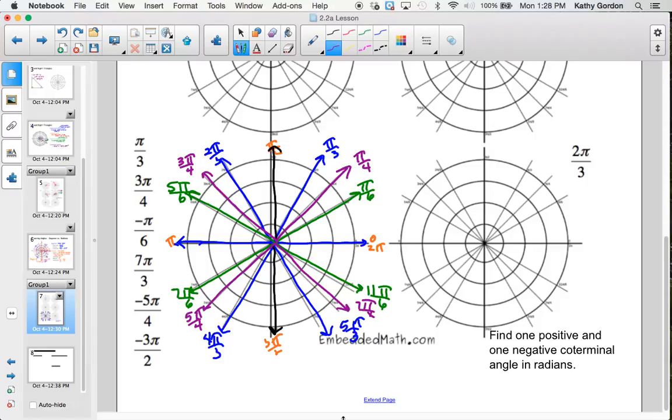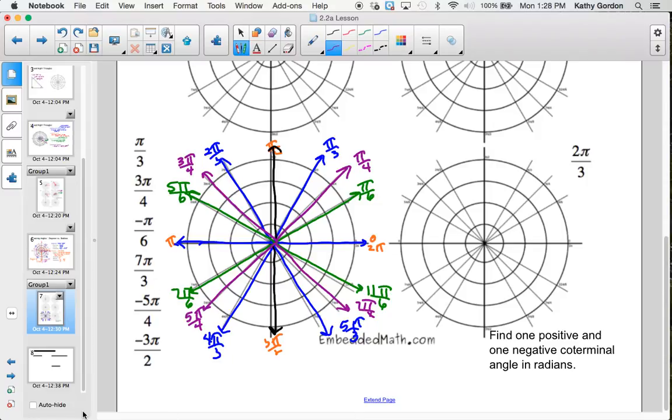The green. The greens were the pi over 6s. So even though in the positive direction we labeled that as an 11 pi over 6, it's still a sixth. So when I go the other direction, I can still use the greens to count. That's a negative 1 pi over 6. Okay, it's just the different direction.